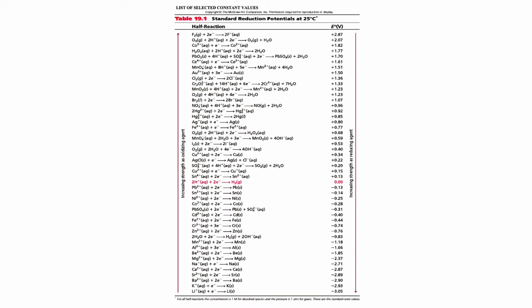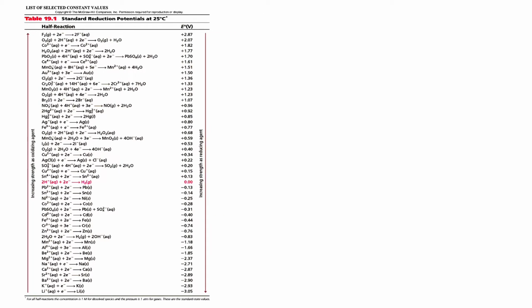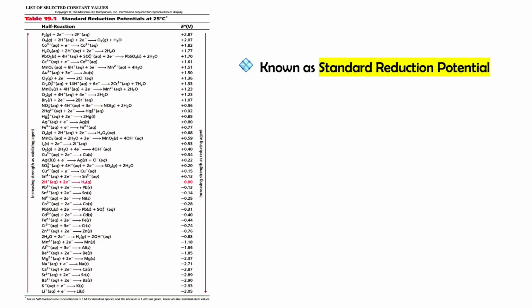Now, to begin with, I want you to open your tutorial book and find this list. You can find this list at the front of your tutorial book. But what is the use of this list? This list is known as the standard reduction potential list.